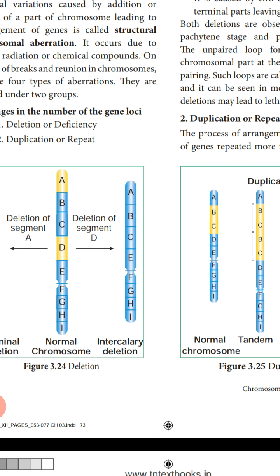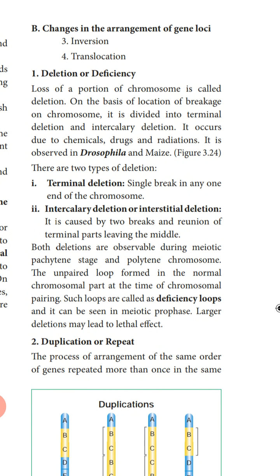When the pairing takes place with the other chromosome, AB will pair, and similarly EF will pair. C and D are in the loop, so pairing for C and D is not taking place. Then what is that called? The deficiency loop. That is called the deficiency loop, and it can be seen in the meiotic prophase. Larger deletion may lead to a lethal effect. Suppose if a large segment of the chromosome is deleted, then what will happen? It will cause the death of that organism.